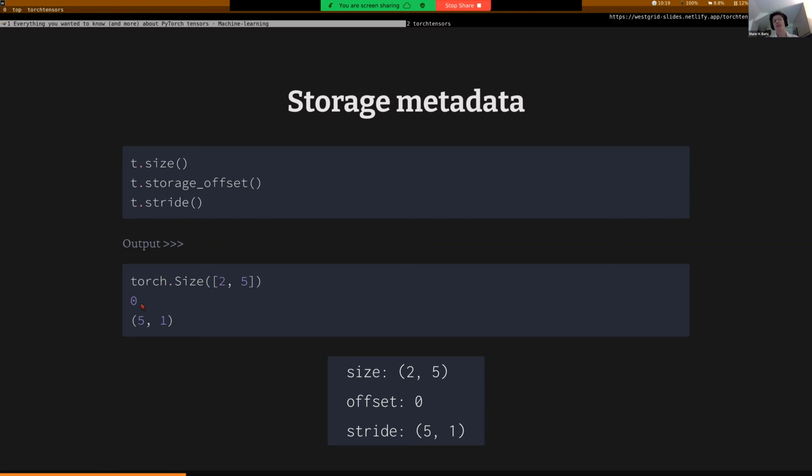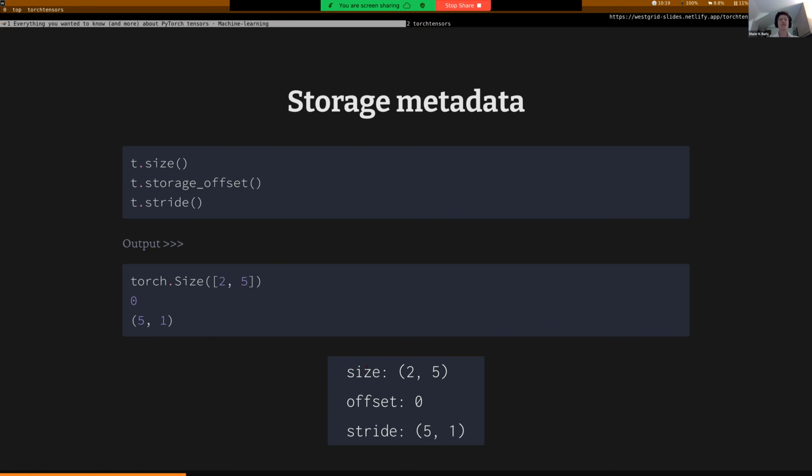I haven't indexed this tensor from a larger tensor. So when you create a new tensor, the offset will always be 0. And the stride 5, 1 indicates, so 5, indeed, to go from one row to the next, we need to jump over 5 elements, and to go from one column to the other, we just jump to the next.